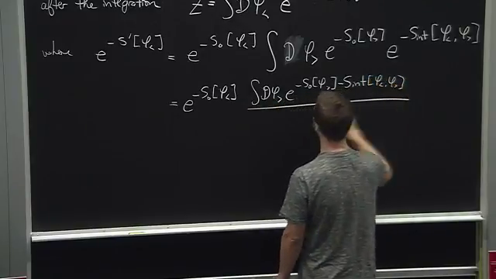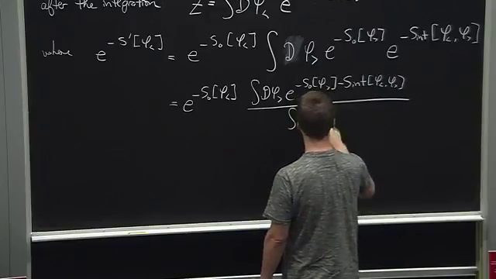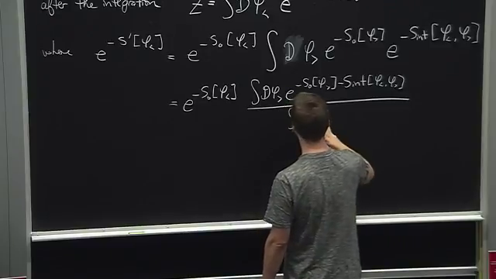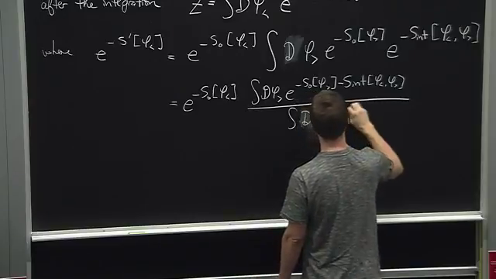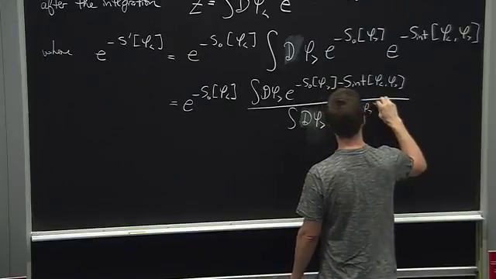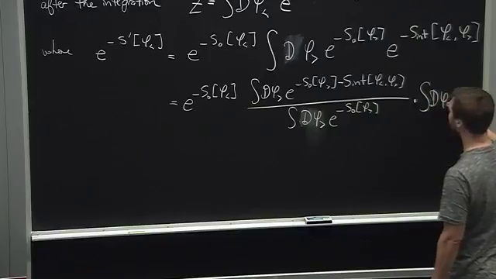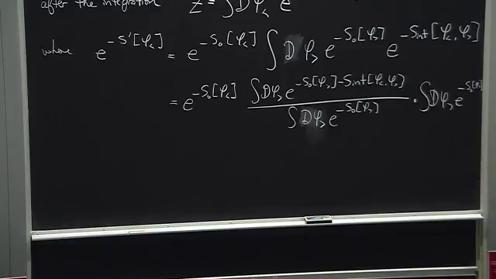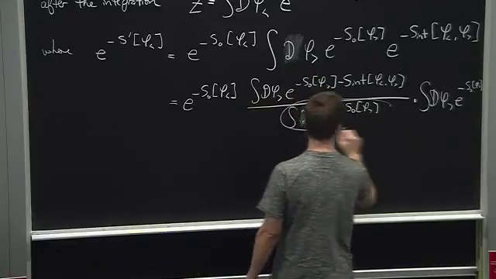Okay, so I want to divide this by... I can't remember how I make these D's. There. I'm just multiplying and dividing by that. Sorry to jam it in there. So this, and this.